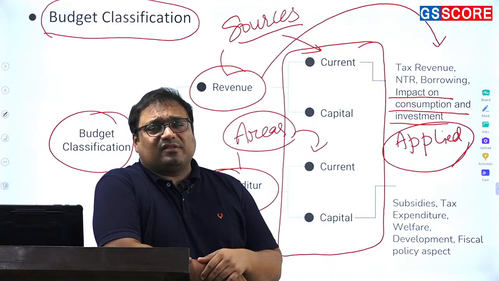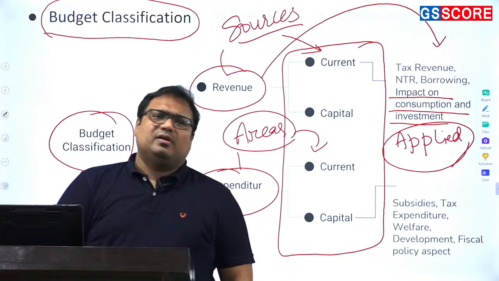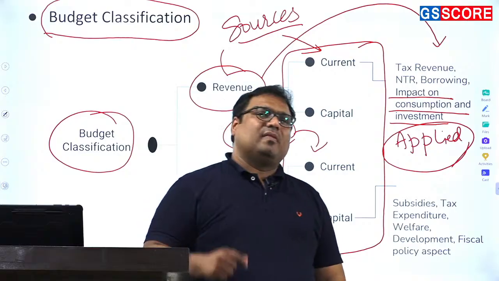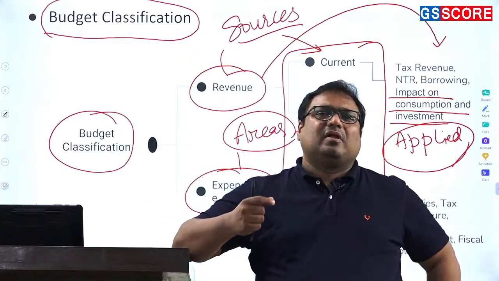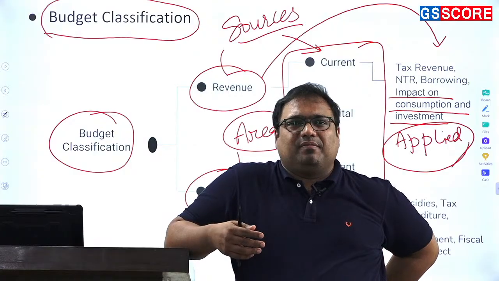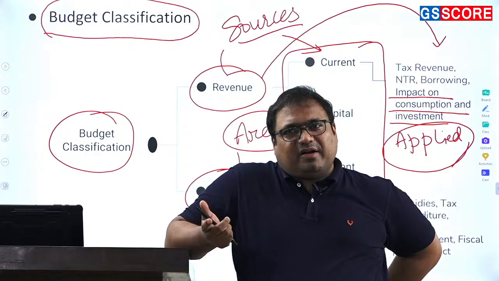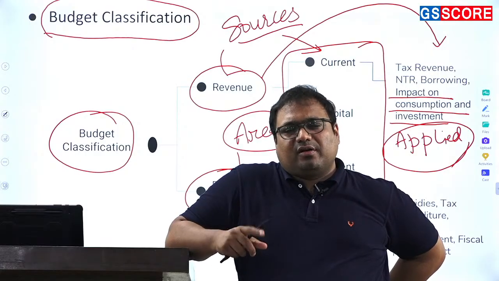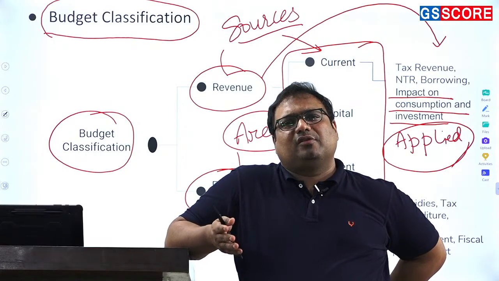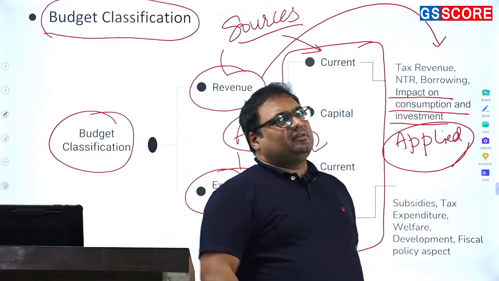Whereas indirect taxes are on consumption. Whenever we spend money, we have indirect taxes there, and that has to be paid by everyone. That is why indirect taxes affect everyone in the economy, whether rich or poor, whether middle class or lower middle class. Everyone is affected by indirect taxes.